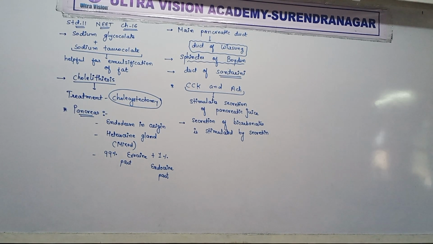Right? So per day 1 to 1.5 liters of pancreatic juice is secreted. pH is 7.5 to 8.3. Alkaline in nature.